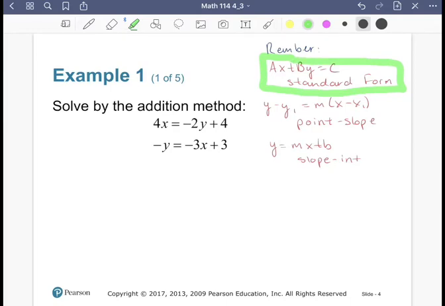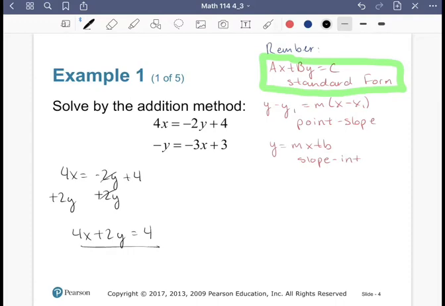So, let's start with our problem as it is. Are both our equations in standard form? No, they're not. So we have to manipulate this a little bit. I have 4x equals negative 2y plus 4. I'm going to add 2y to both sides. Now we have 4x plus 2y equals 4.